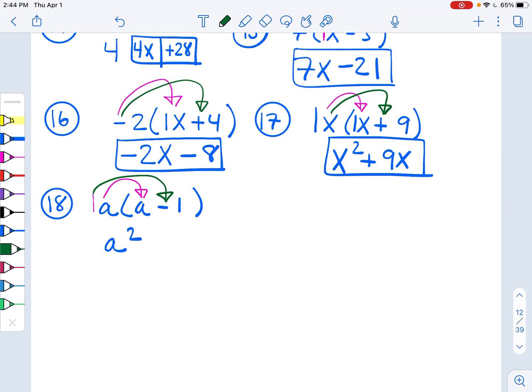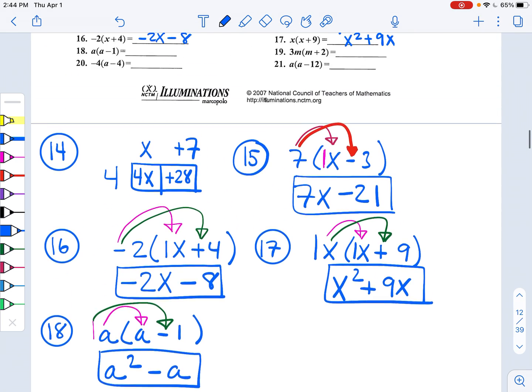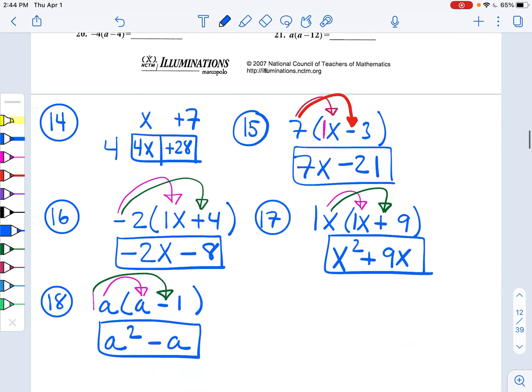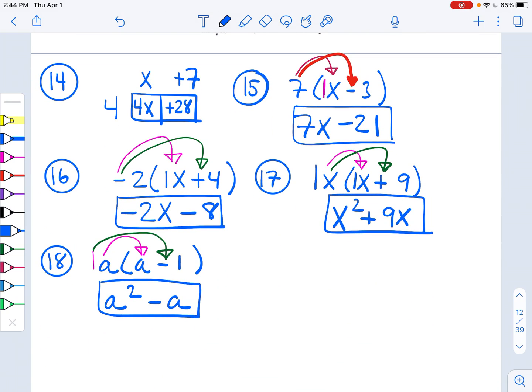You have 1a times a negative 1. Positive 1a times a negative 1 would be a negative a. So this would be a squared minus a. And the same thing, I say negative 1, but like I said, if you keep-changed it, it'd be plus negative 1. It'd be negative no matter what.